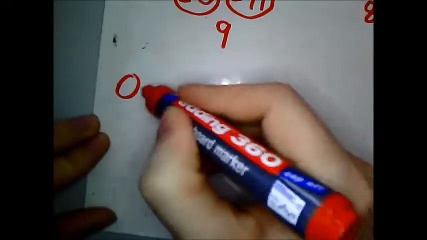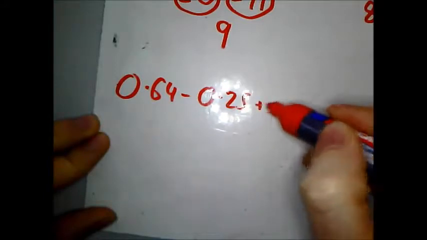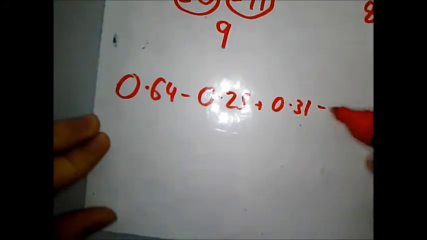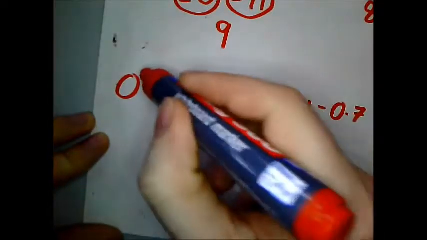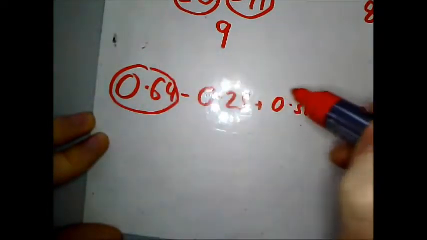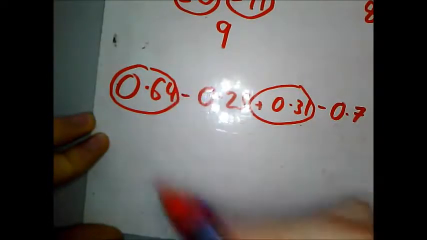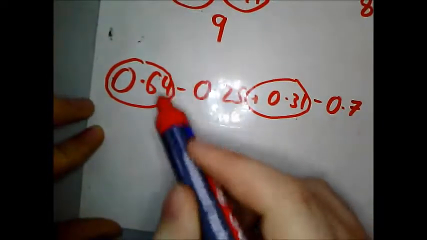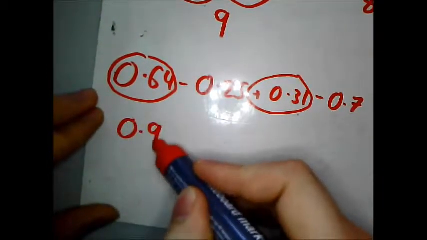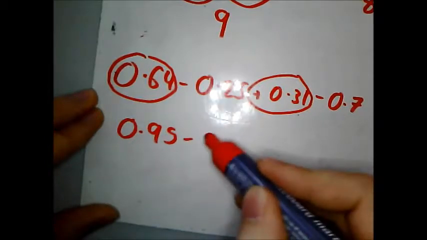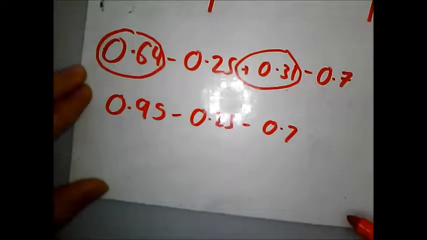Okay, and then finally we have 0.64, take away 0.25, plus 0.31, and negative 0.7. I think these two seem to go the best together, that one and this one, because then I'll have a 5 in my hundredths column. So that's going to give me 0.95, take away 0.25, take away 0.7.